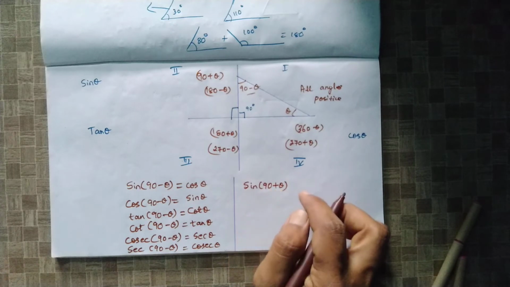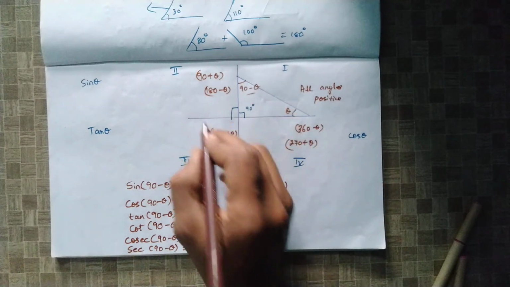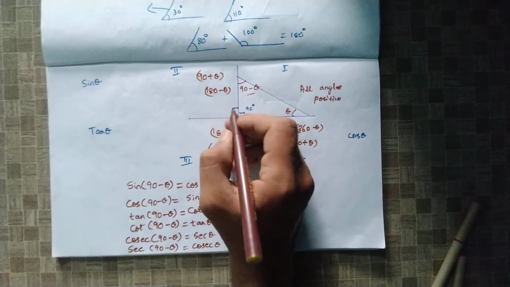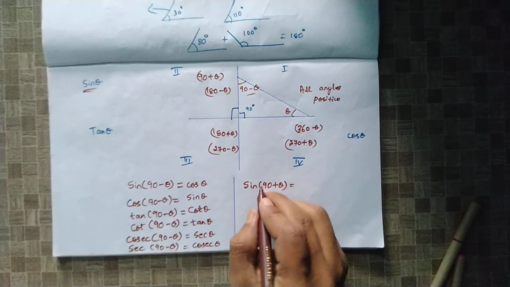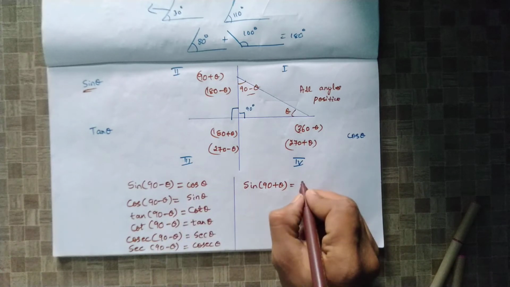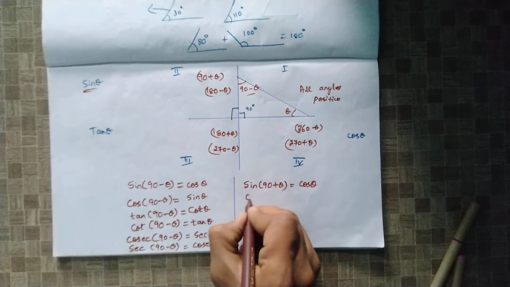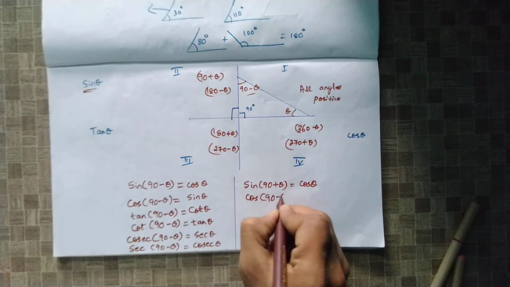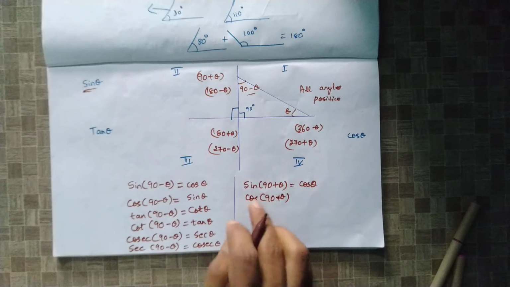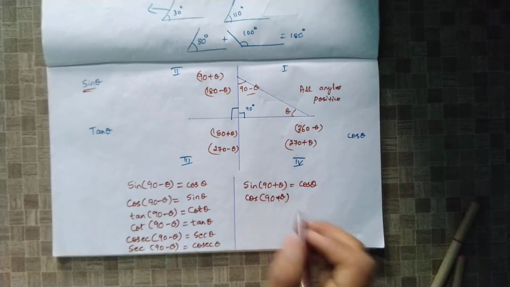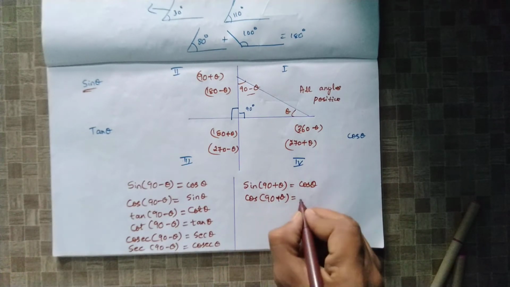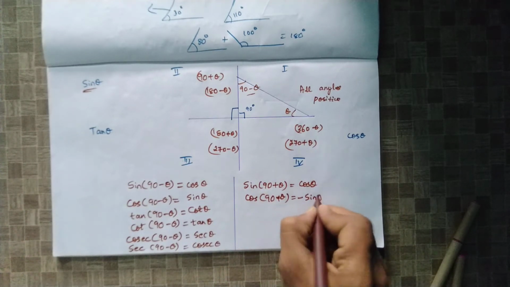Sine of 90 plus theta, what is the value? In the second quadrant, only sine is positive, so sin theta is positive. It becomes sine of 90 plus theta is plus cos theta. Cos of 90 plus theta, this is the second quadrant, becomes negative, so minus sin theta.